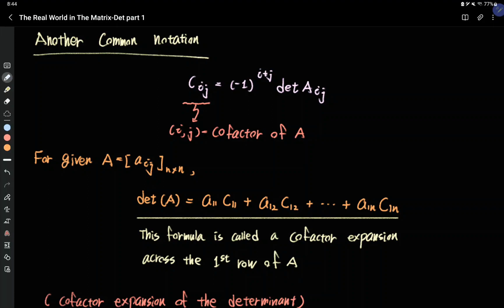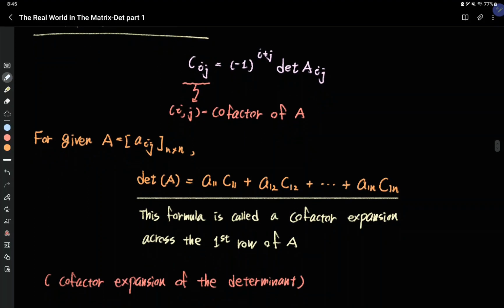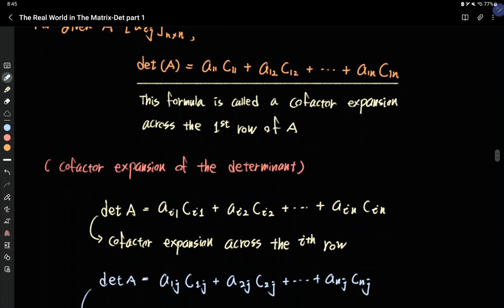I told you that you can compute the determinant of A by applying the cofactor expansion across not just the first row but any row or any column. Cofactor expansion down the first column works, and across maybe the third row of the matrix works too. So the cofactor expansion of the determinant is this.